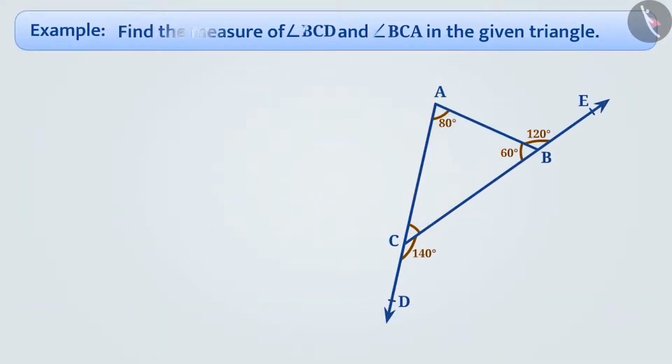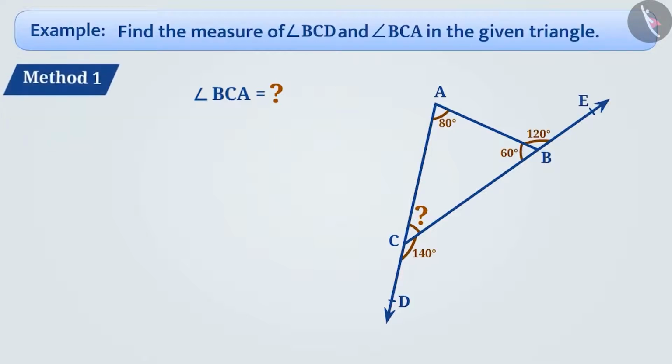Now can you tell us how we will find the measure of angle BCA? Think for a while. We can find it using different methods. Here we can see that angle ABE is the exterior angle of triangle ABC and angle BCA and angle CAB are the two interior opposite angles of angle ABE.